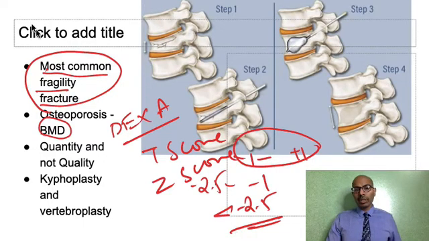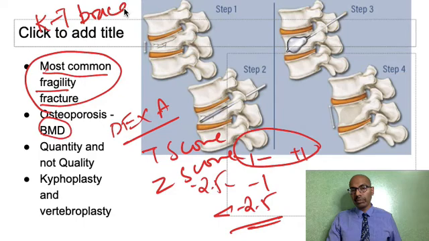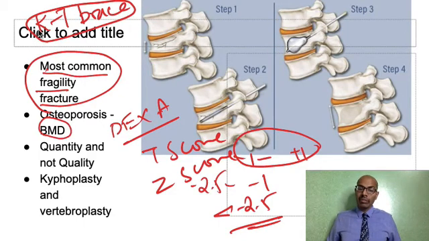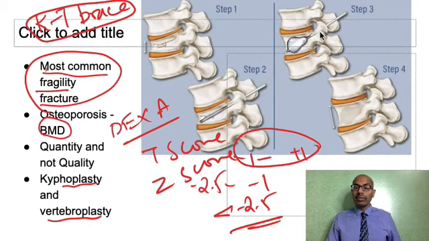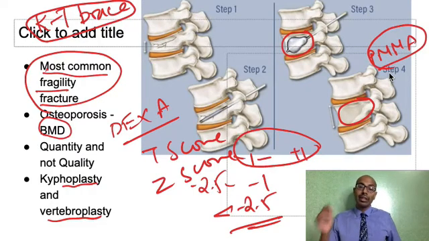So what are the treatment options for osteoporotic vertebral fractures? We use a KT or a Taylor brace for pain relief. Usually no surgical management is done. Previously, kyphoplasty and vertebroplasty were the treatment options. In kyphoplasty, you put in a balloon, inflate the vertebra, and put in bone cement, polymethyl methacrylate or PMMA, and you can inflate the vertebra back to its height.